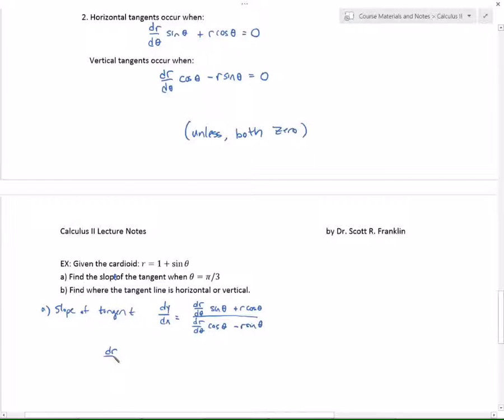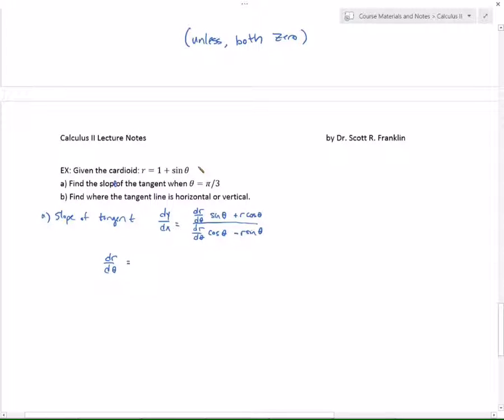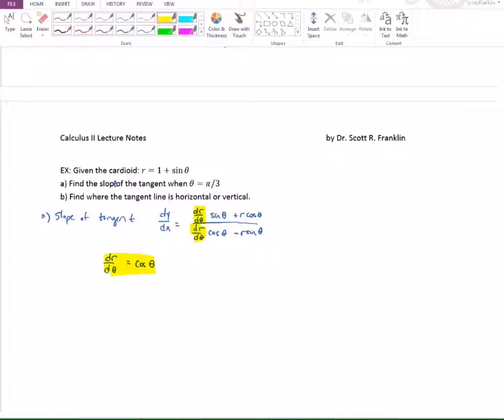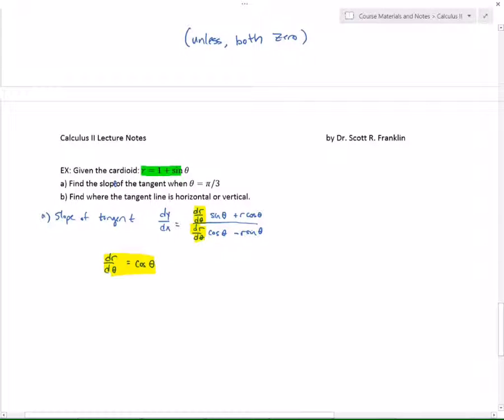So we now got to plug everything in. What's dr d theta in our case? Derivative of this? Everybody see that's cosine? 0 plus cosine theta. So I'm going to plug in this right here into these places, and I'm also going to plug in this up here, right here, and right here.